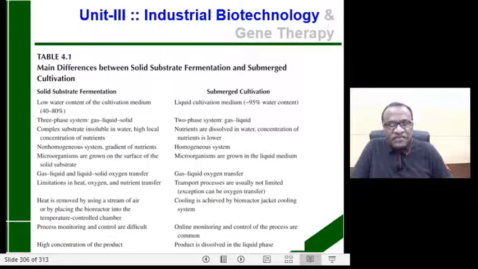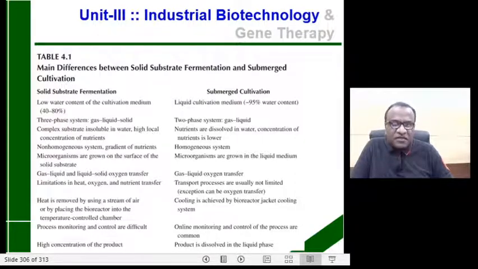The complex substrates are insoluble in water, so high local concentrations of nutrients are available. And it is a non-homogeneous system, that is, gradients of nutrients are there. And microorganisms are grown on the surface of the solid substrate.